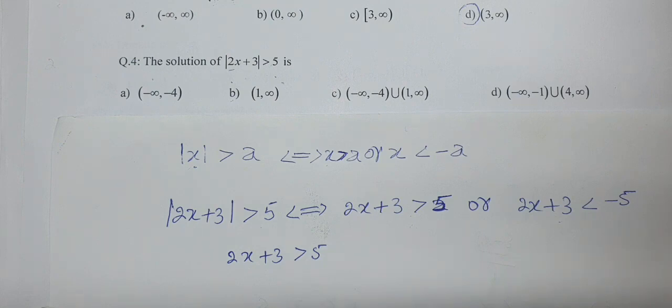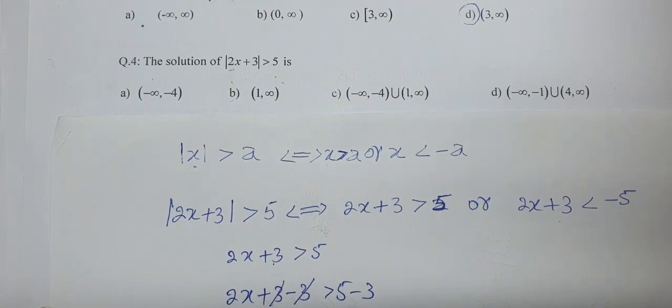We shift the 3 to the other side, so 5 minus 3 is left, and then we remove the 2, it cancels out, and we get this solution.